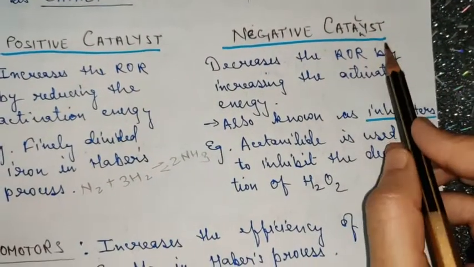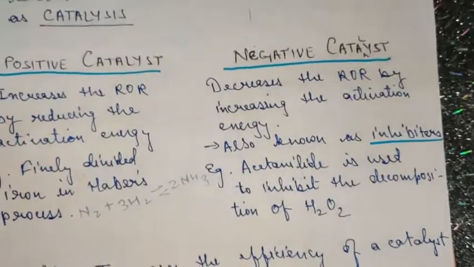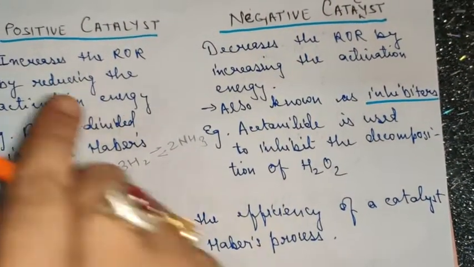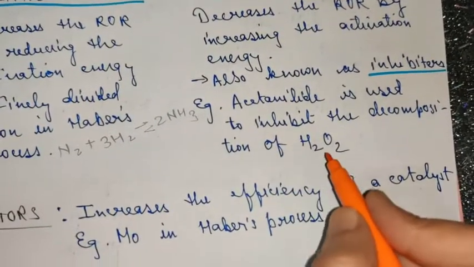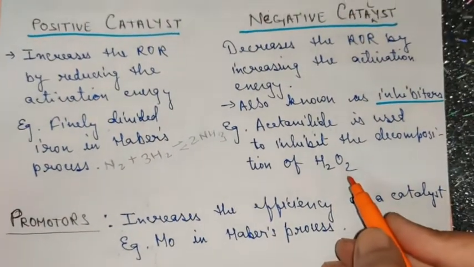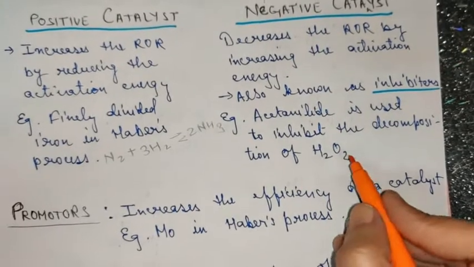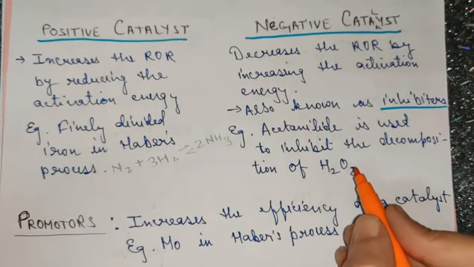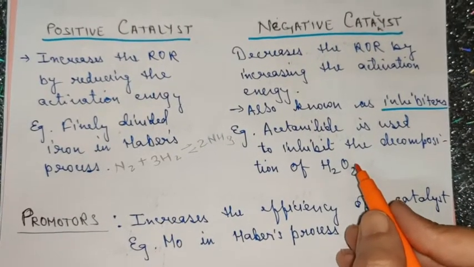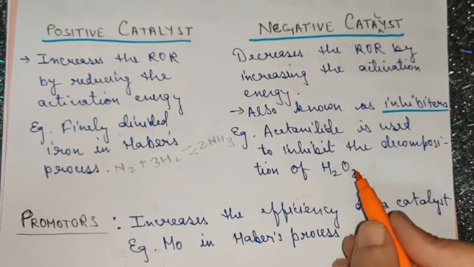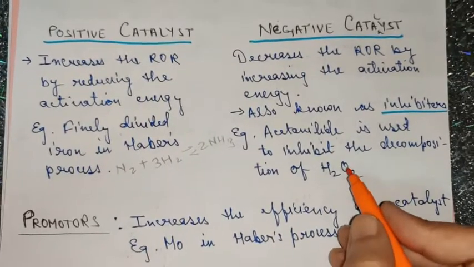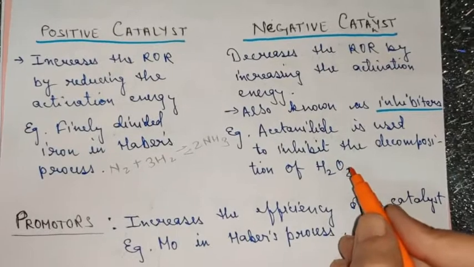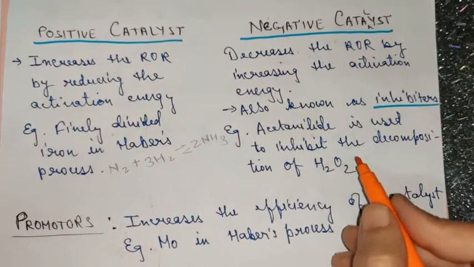Then coming to negative catalyst, you can see here an example is mentioned: acetanilide used to inhibit the decomposition of H2O2. If you remember from class 11, children, H2O2 is hydrogen peroxide. It is one of the compounds of hydrogen that we discussed in class 11. It is kept in dark colored bottles, and the bottles are filled up to the brim because it has a tendency to undergo decomposition the moment it gets light.